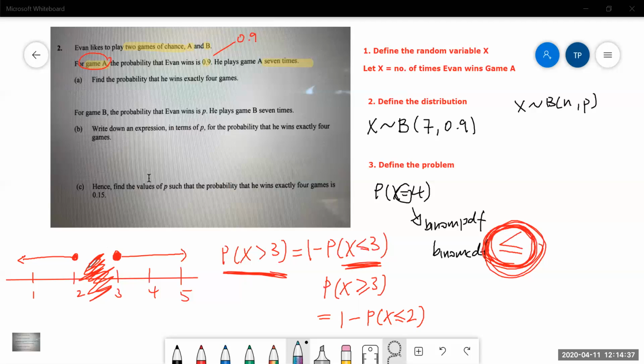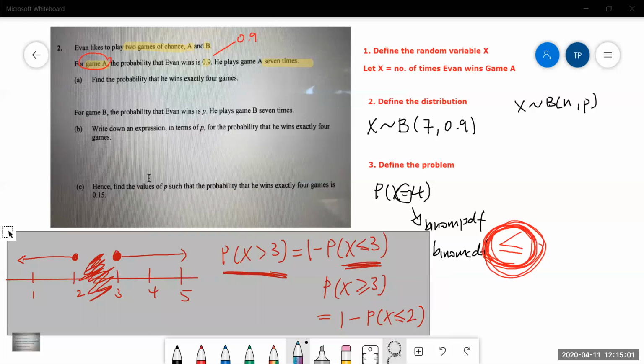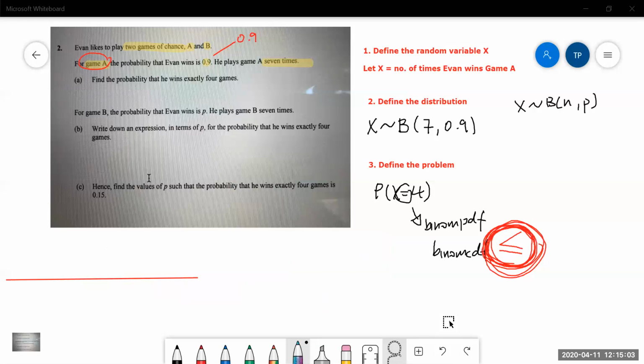Remember, this is binomial distribution. For binomial distribution, we are only looking at integer values. So I hope you understand how to do this, so these are the templates.